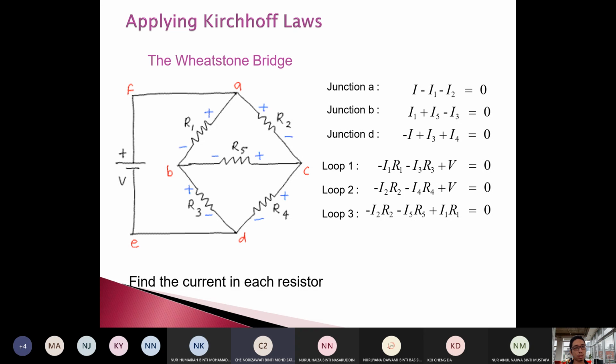So that's for loop number 1. For loop number 2, this one is considering the bigger loop, so it's not considering this one.